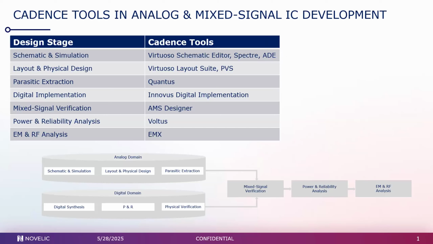Also, we have experience with their layout and physical design software that includes the layout suite, mainly the Layout XL and GXL that are used for the layout of the IC projects, and also the PVS, which is the physical verification in IC design that includes the DRC, which is not really the same as DRC in the PCB.